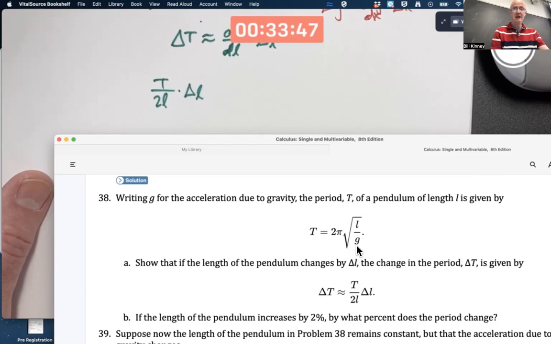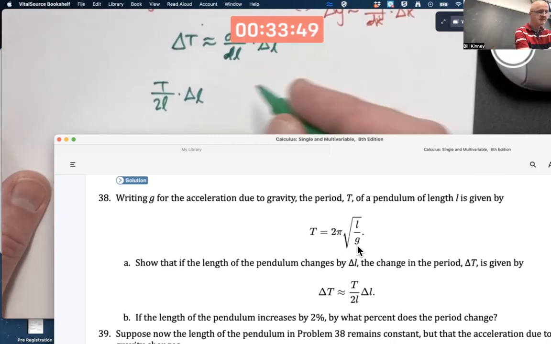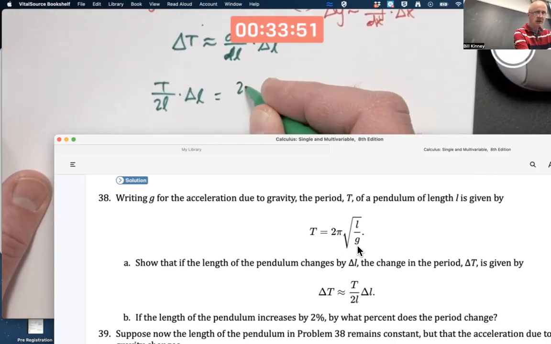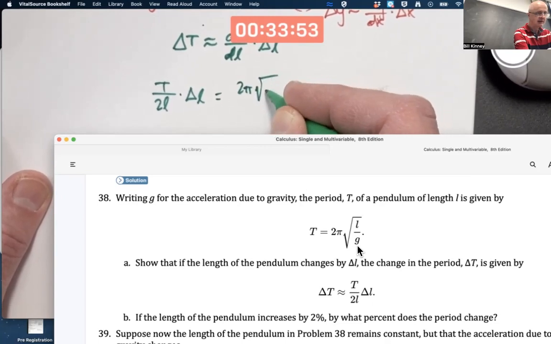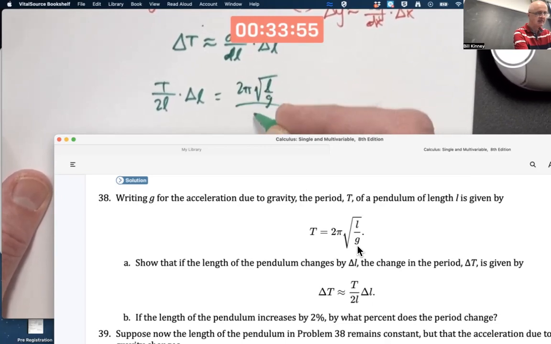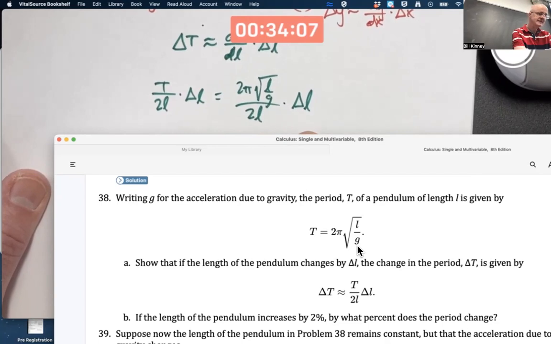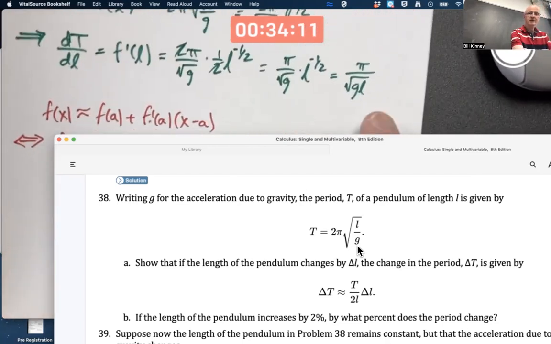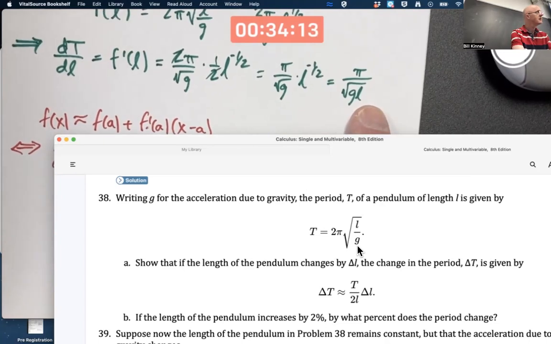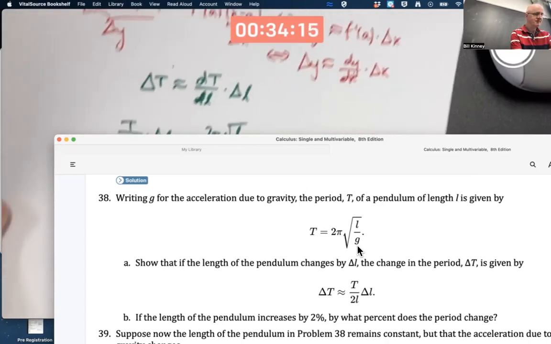T equals 2 pi times square root of L over G. Let me go ahead and do that replacement. 2 pi times square root of L over G. And if you simplify the thing in front of the delta L, it should simplify, if I haven't made a mistake, to what we got for the derivative before. Let's see if it does.